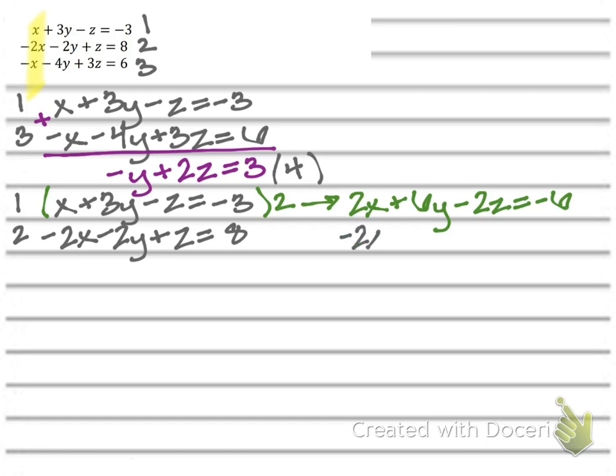So negative 2x minus 2y plus z is 8. And so now I'm ready to add these guys together. My x's go away, and I have 4y minus z is 2. And that is equation 5.